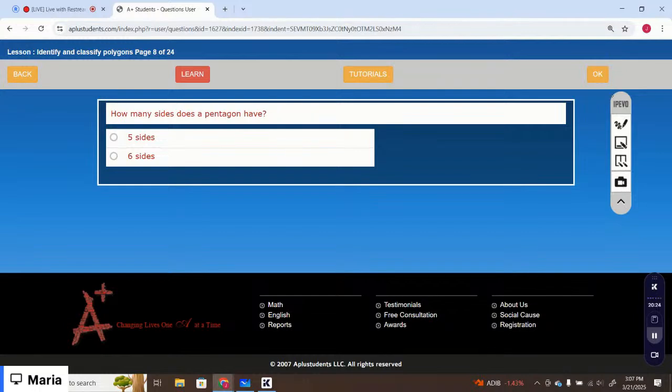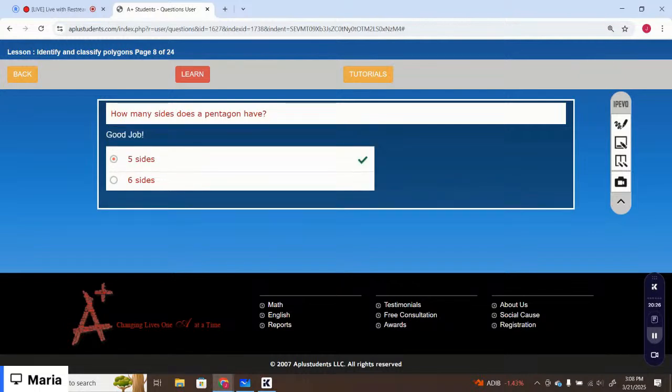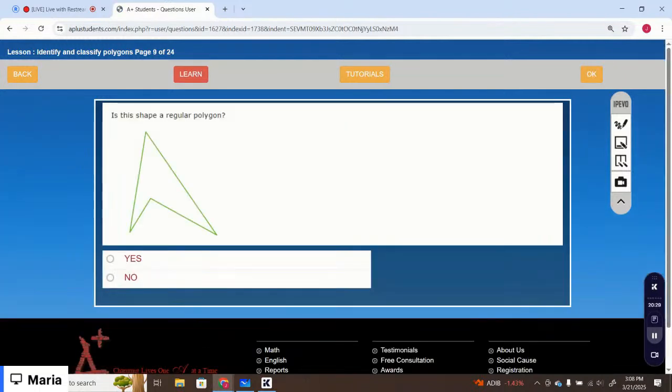Option number one is the correct option. Is this shape a regular polygon?